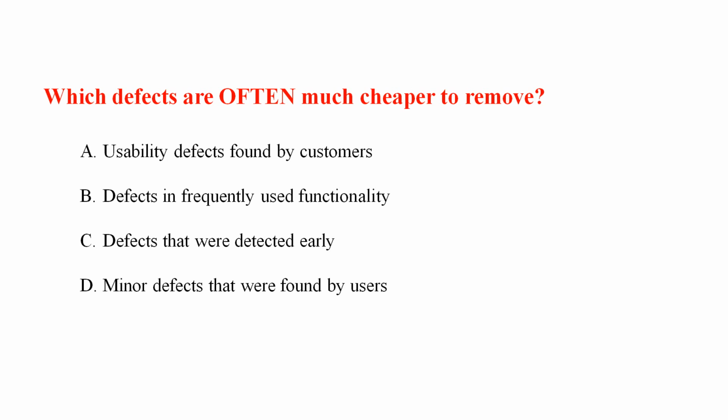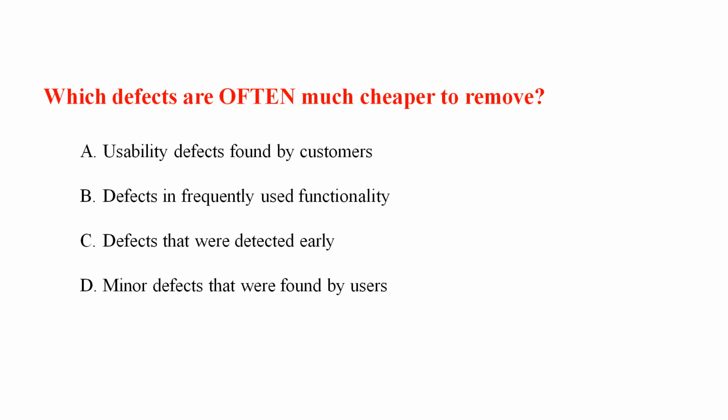See, if you recap the software development life cycle, whether it is the waterfall model, V model, Agile model, prototype model, RAD model, spiral model, irrespective of the SDLC model, which defects are often much cheaper to remove?